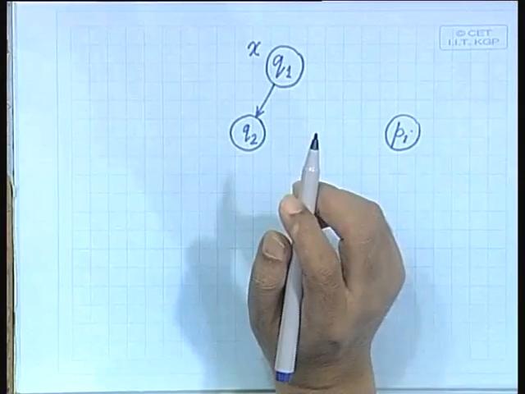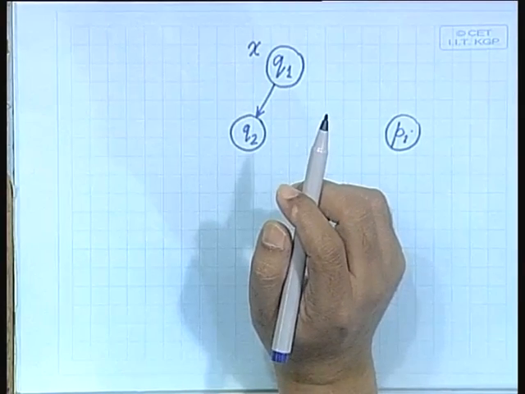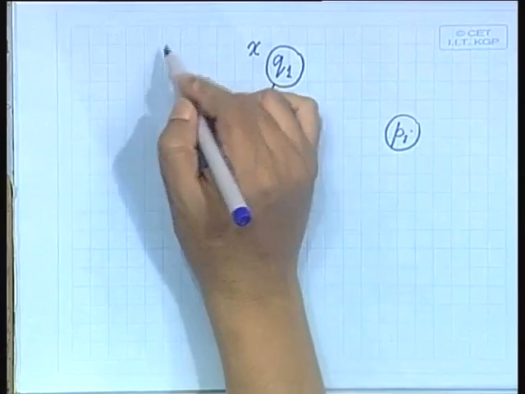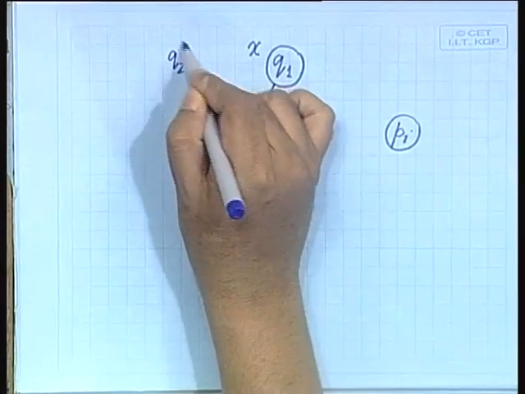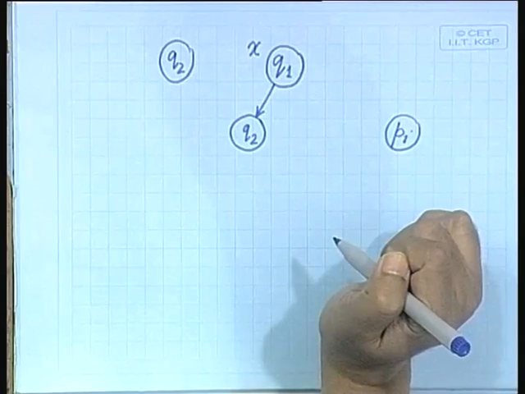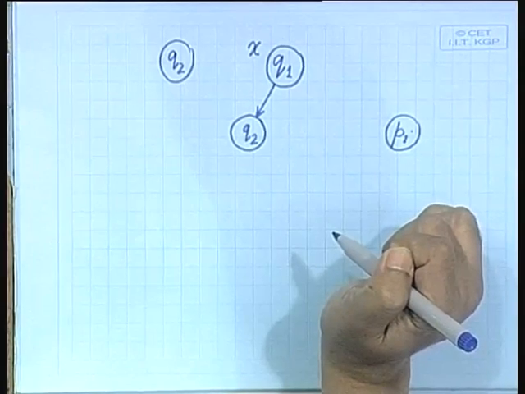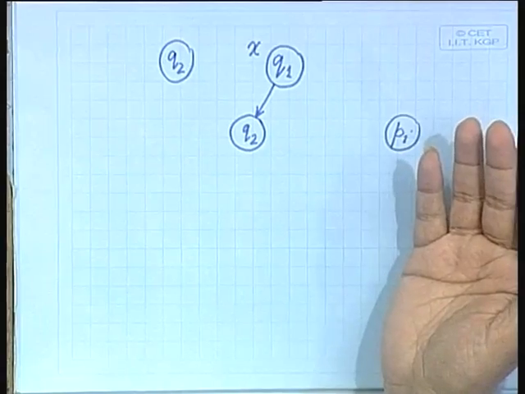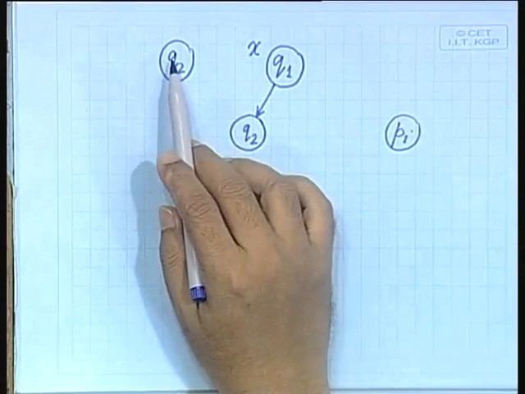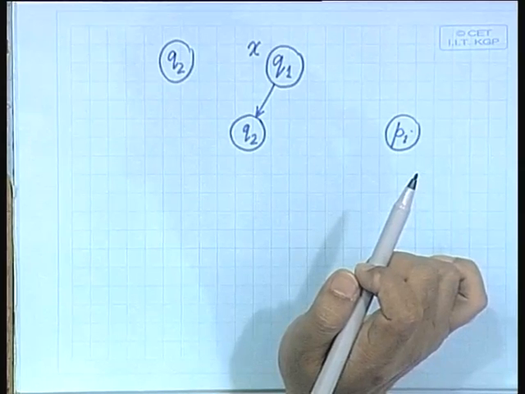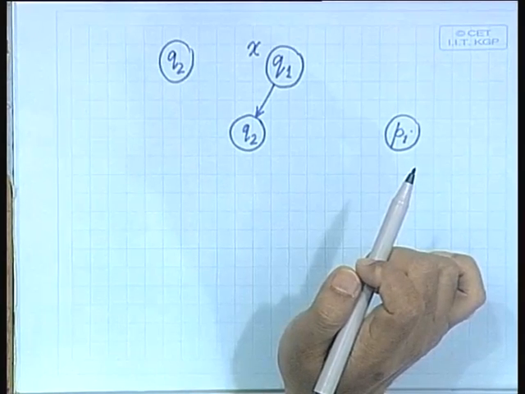Q2 did not have the value x in the first round, because if Q2 had the value x in the first round, it would have sent it to Pi. But Pi did not get the value x. So it is not possible that Q2 had the value x at that point of time.